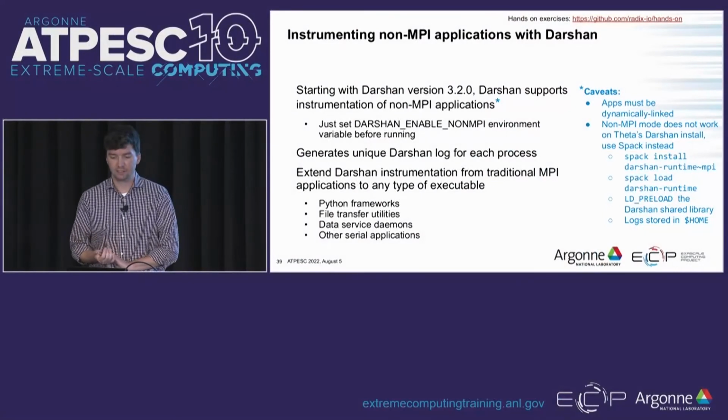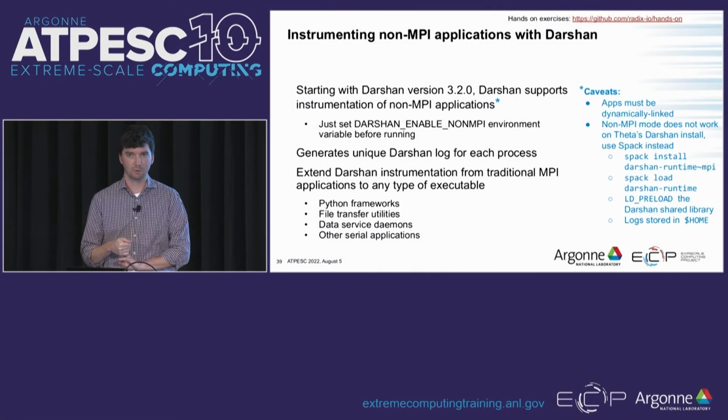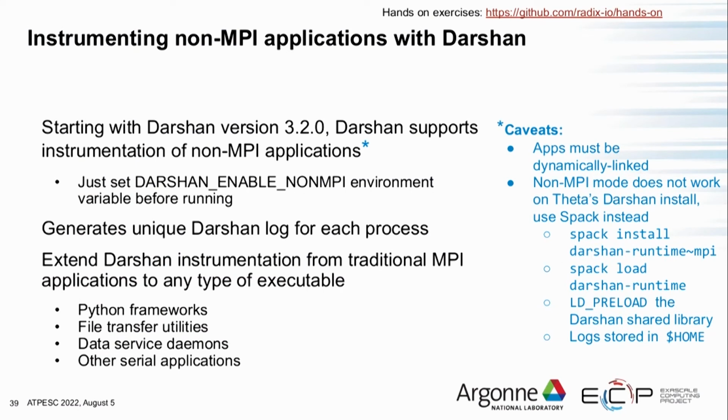The caveats are that for the non-MPI version of Darshan, apps have to be dynamically linked. We're relying on some mechanisms that only work with shared libraries, so that's a definite requirement. One additional caveat is that this doesn't currently work on the Darshan install on Theta. I tried that last week, and that was the seg fault Rob mentioned. I'm not exactly sure what's going on there, but I was able to test and confirm that if you install your own specific non-MPI configuration of Darshan, it does work.